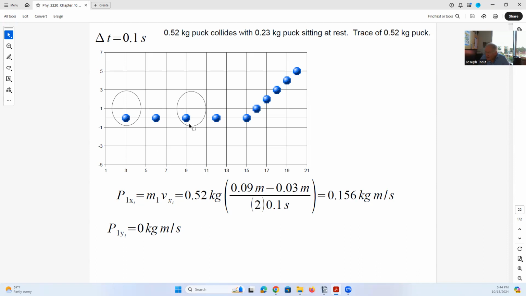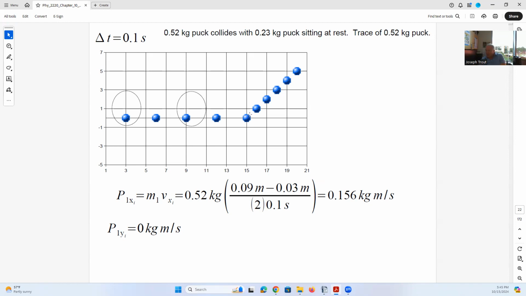So let's see, we get 0.09 because these measurements are in centimeters. So 0.09 meters minus 0.03 meters divided by the time, and there are 2 pictures here, so that's 2/10 of a second. And we end up with 156 kilogram meters per second.